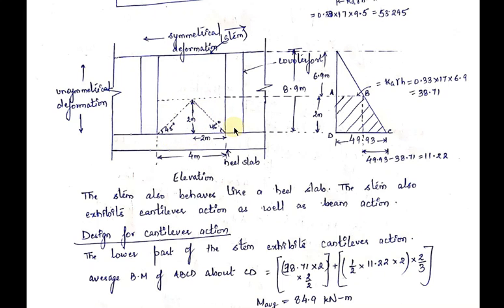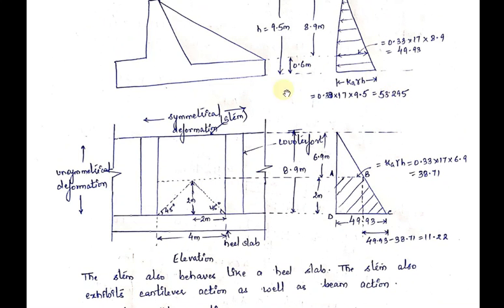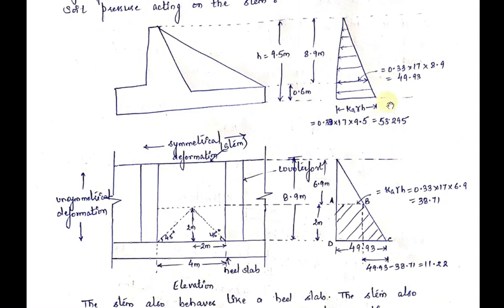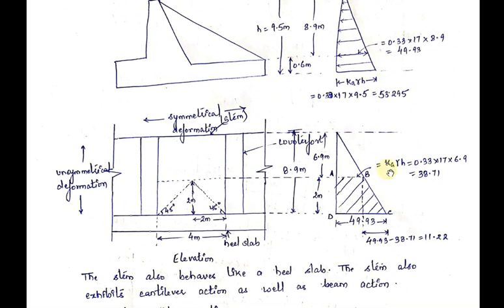So now we will first find out how much force is acting on this strip. We already know the pressure distribution diagram. We already drew the pressure distribution diagram, and at the base of the stem the value of the pressure was found to be 49.93. So this is the same diagram. Now we have to find out the value of pressure at this level.